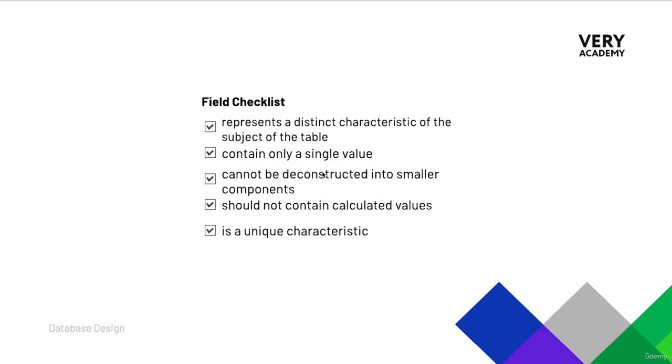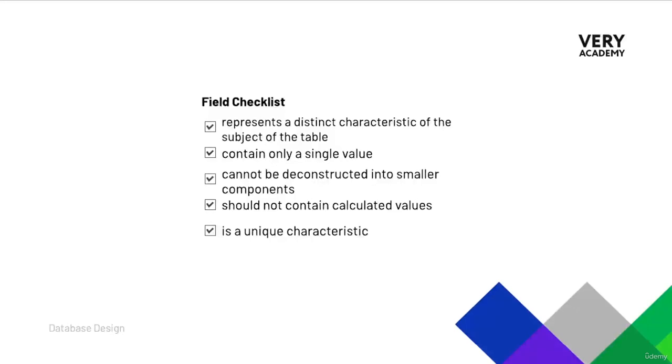So that's what we mean by, can the field be deconstructed into smaller components? Some fields can, for example, we could do the same thing with an address. We have the number of the house, the road, the general location, and then we may have some unique number which represents that location. So that's another example where we might want to split up that data.